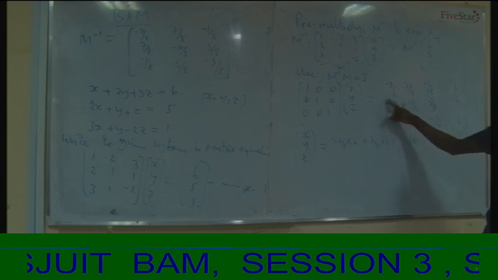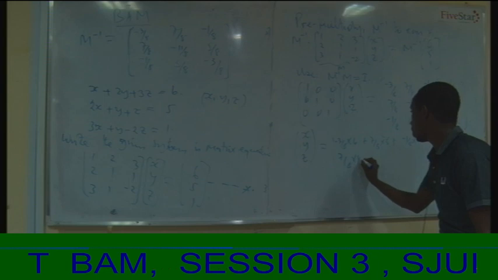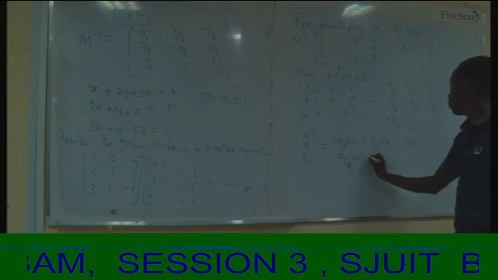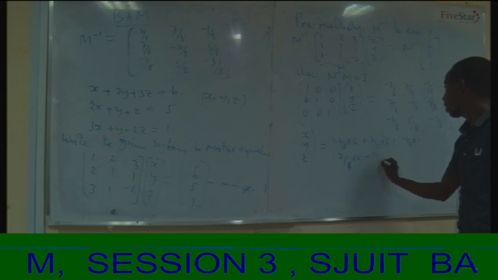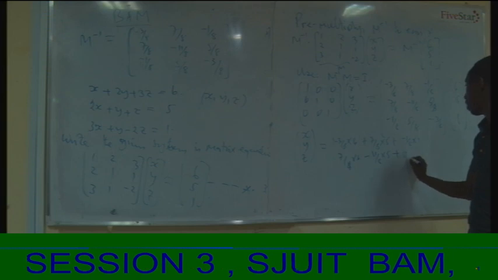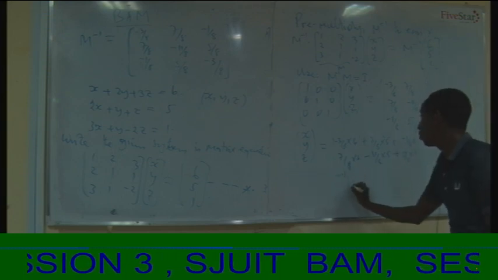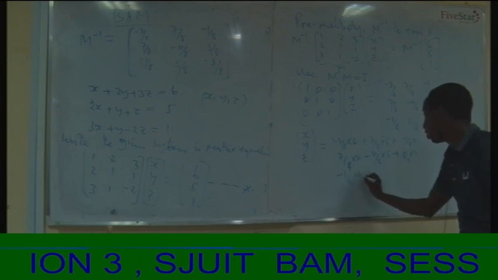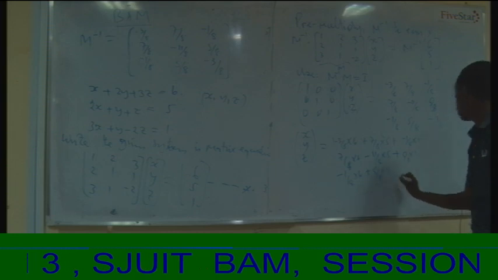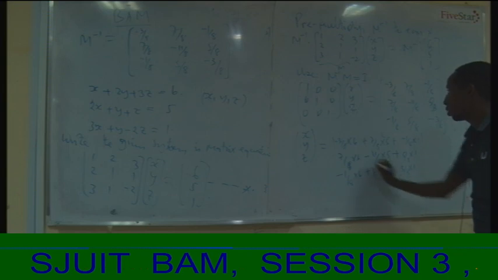Again, the second row: 7 over 8 times 6, then minus 11 over 8 times 5, then plus 5 over 8 times 1. The last row will be negative 1 over 8 times 6, plus 5 over 8 times 5, minus 3 over 8 times 1. So that is what we have.